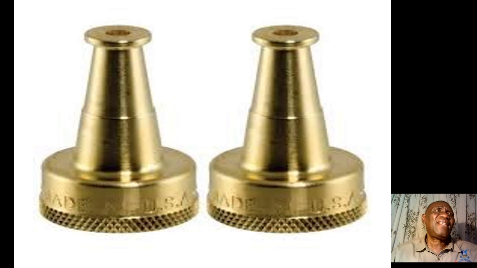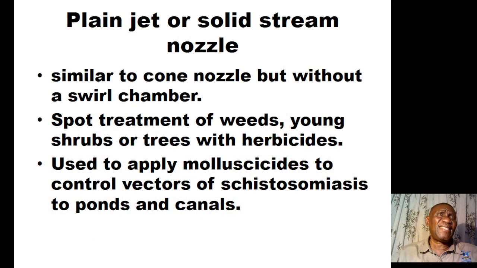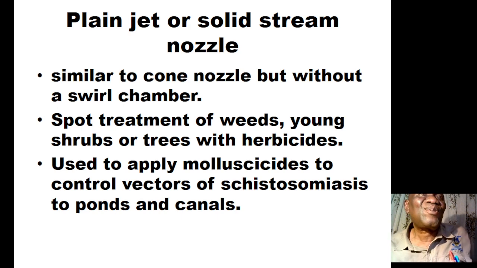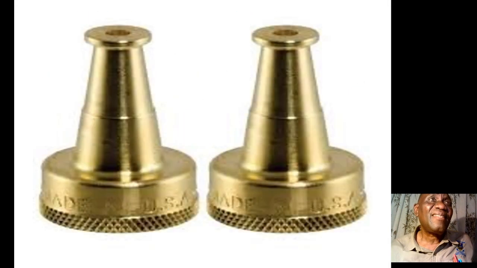So that is the sort of nozzle, that is where the liquid comes through. And please remember it's the plain jet or solid stream nozzle. At the end you get droplets being formed.